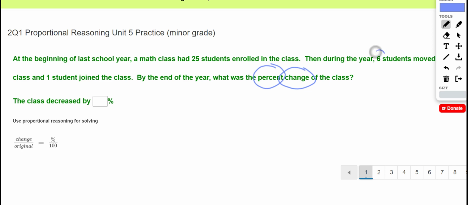So the change was 6 students moved out of the class, 1 student joined the class. So the change was 7 students, and that was out of 25.